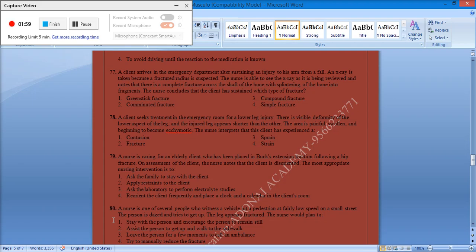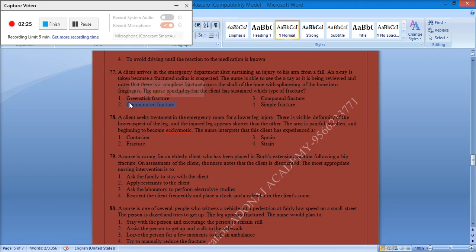The nurse concludes that the client has sustained which type of fracture? 1. Greenstick fracture. 2. Comminuted fracture. 3. Compound fracture. 4. Simple fracture. The correct answer is 2. Comminuted fracture.